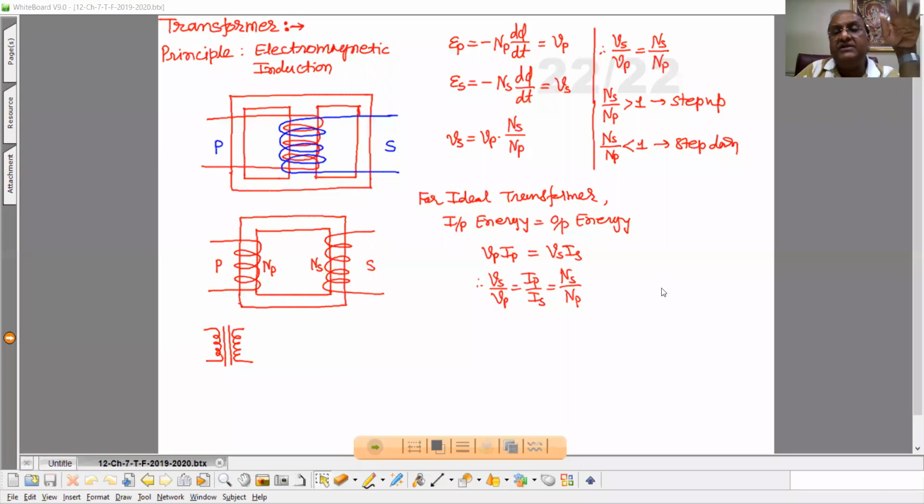Now using these transformers, long distance transmission is carried out. When we transmit the energy, we use a step up transformer, which increases the voltage and decreases the current.